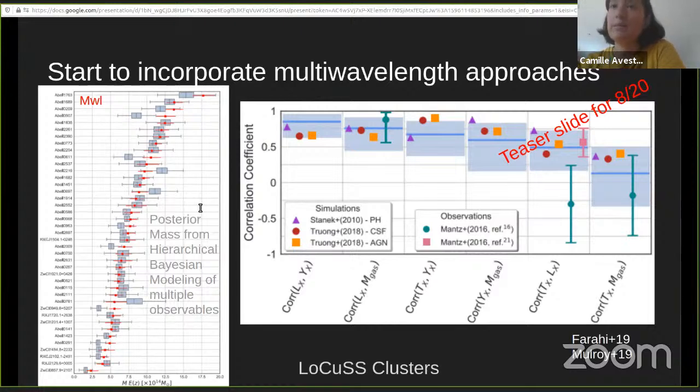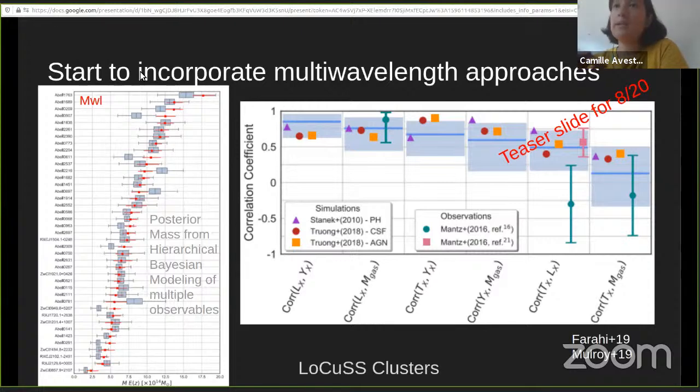So I do want to highlight it's important not to only compare with one simulation when doing this sort of thing, because every simulation has its own, we'll call them physical uncertainties, as opposed to the astrophysical uncertainties in interpreting observations, right? So having these 3 simulations compared, where you can see, at least from the simulation standpoint, the triangle, red circle, orange box, they're relatively consistent with one another.